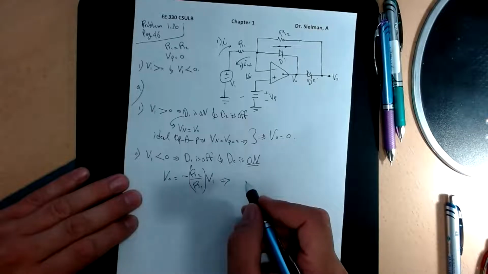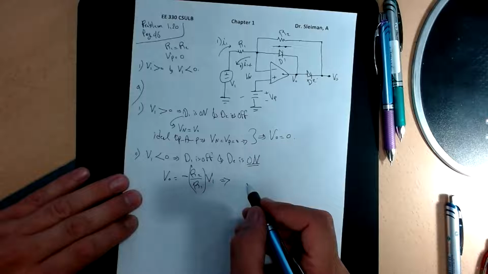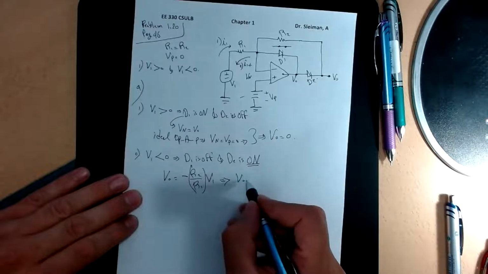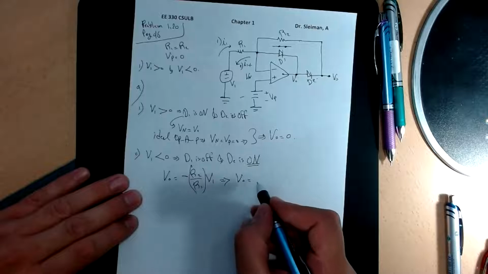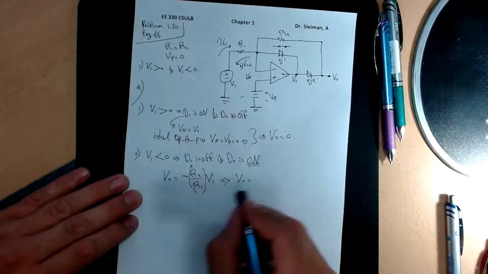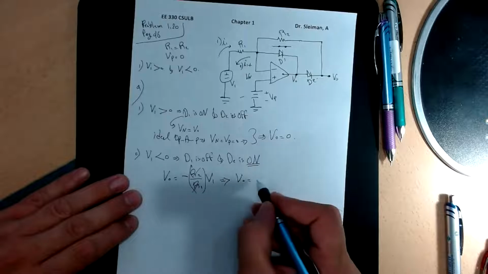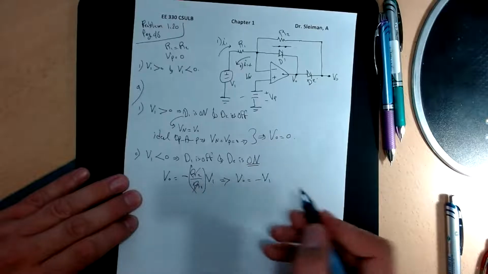So that means we don't have any values. V0 is equal to, since those are equal, negative V1.